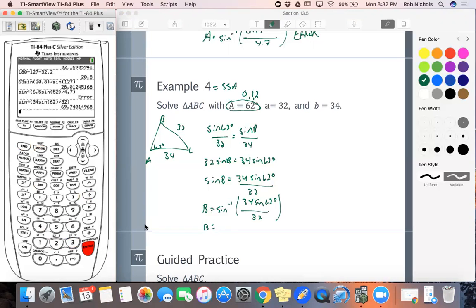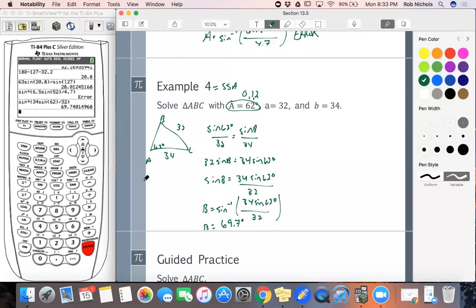And I get 69.7, if everything is correct there. So we have two acute angles. Let's see if I can get another angle. Okay, so that's one solution.